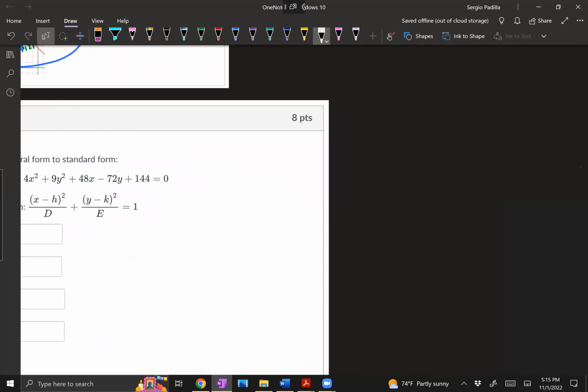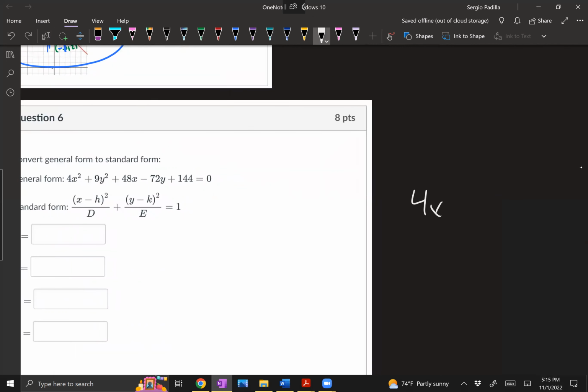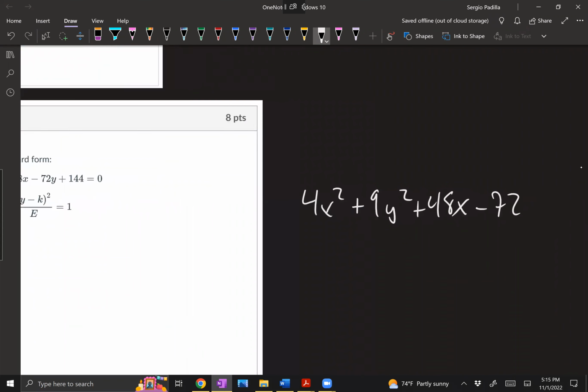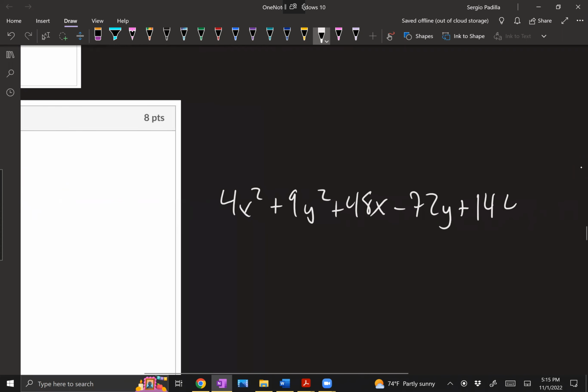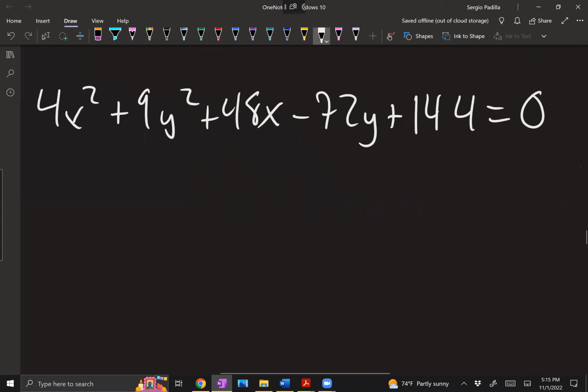4x² + 9y² + 48x - 72y + 144 = 0. So what we want to do here, to remind you all, first things first, always make sure that you move the constant over and also gather your variables together next to each other.